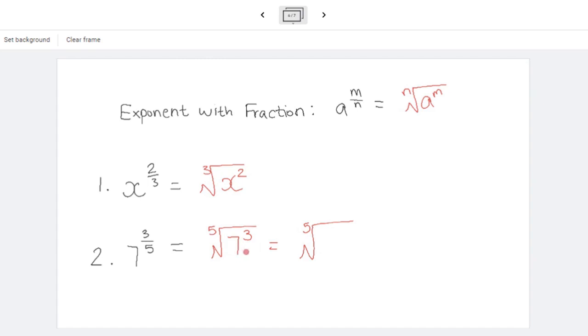Let's simplify 7 to the power of 3. That's 343. And if we take the fifth root of that, I'm getting some decimal, and we get 3.2141. We don't have to do all this work. We can just basically stop here. But for all of those people who are extra, here's your answer.